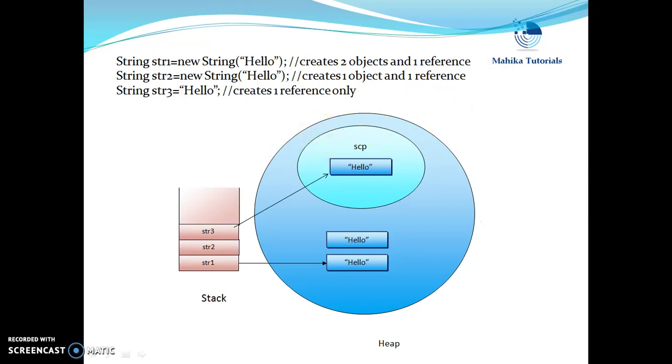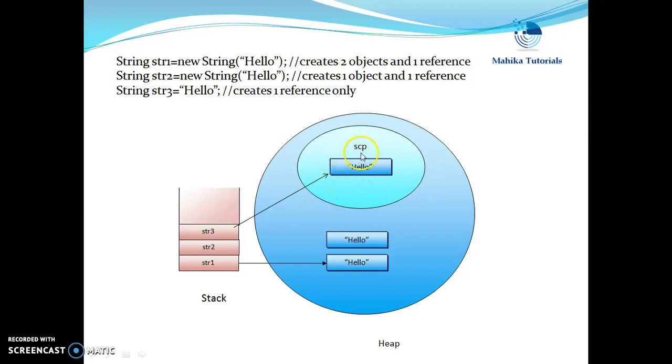Now suppose later on we create this third string also, but this time we create it using the literal mechanism. That is, when we say String str3 equals hello, we are not giving any new keyword over here. Now in this case again the reference variable str3 will go to stack, and thereafter JVM will start a search in SCP for hello.